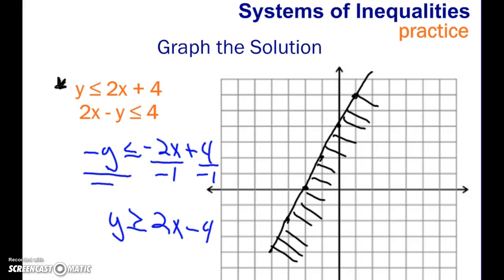So to graph that, go down 4: 1, 2, 3, 4. We want a negative slope this time, so 1 and 1. We're 1 this way. 1 and 1. There. Okay, it's got an equal sign there, so it is solid. This time my blue graph is graphed on top.